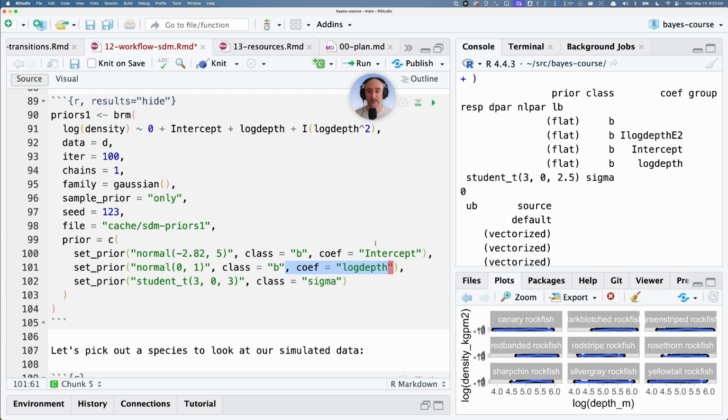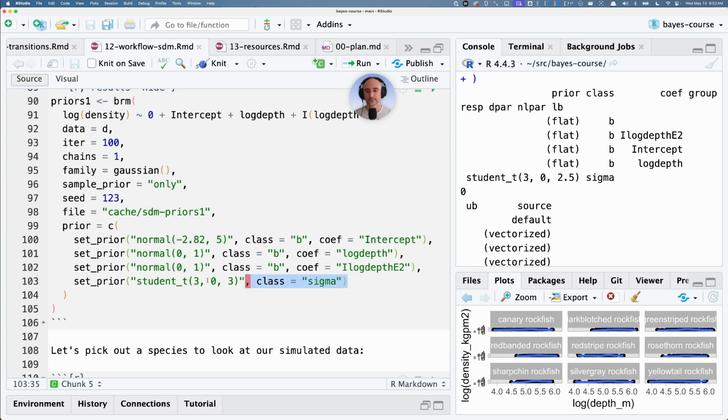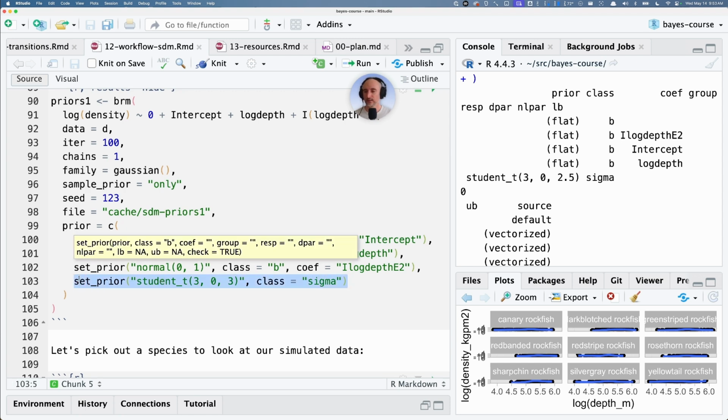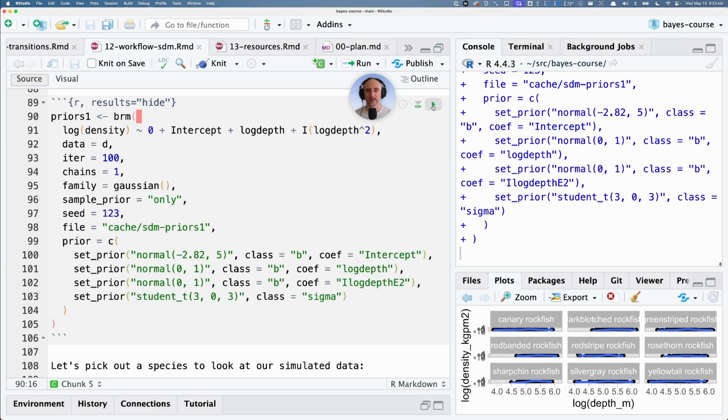That would do the same thing here. This lets me have different priors for different fixed effects. Here they're the same. And then here is the prior I'm putting on sigma, which is similar to the default. I've just rounded the scale to 3 instead of 2.5. That is all. So it's a half student t, with degrees of freedom of 3 and a scale of 3. And I will fit that.